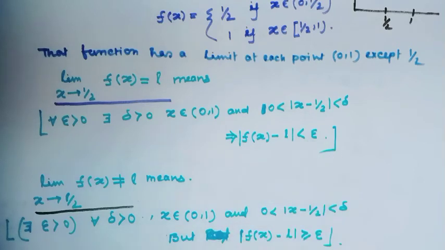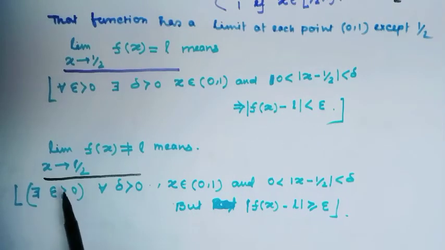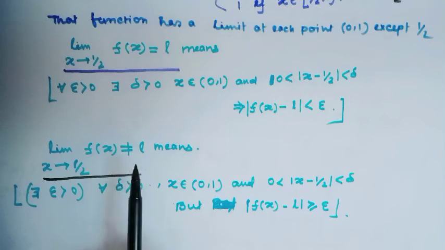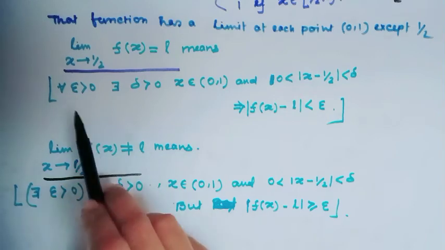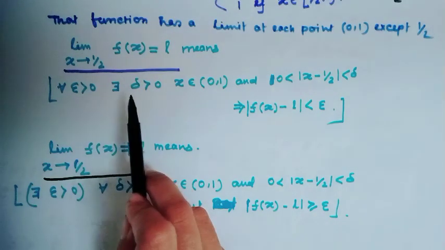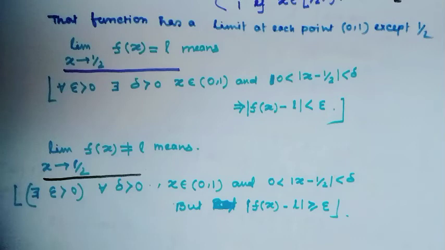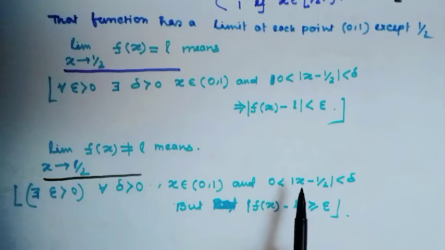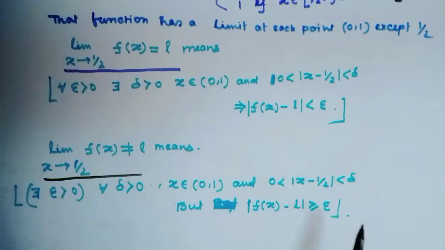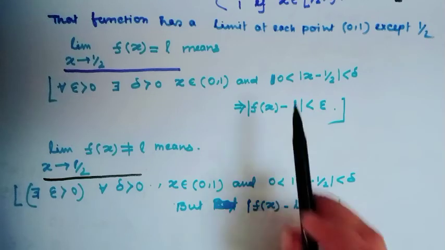And when the limit at x going to 1/2 is not L, it means there exists an epsilon greater than 0 such that for all delta greater than 0, x belongs to (0, 1) and 0 strictly less than |x minus 1/2| strictly less than delta, but |f(x) minus L| is greater than or equal to epsilon. This is a very important thing.